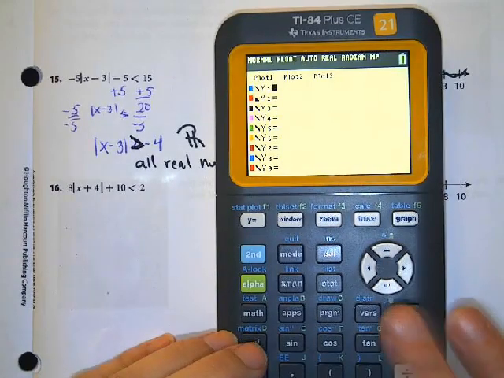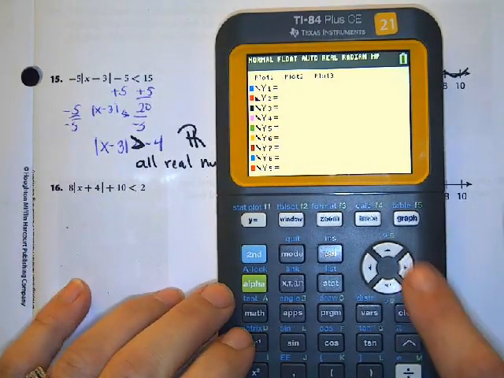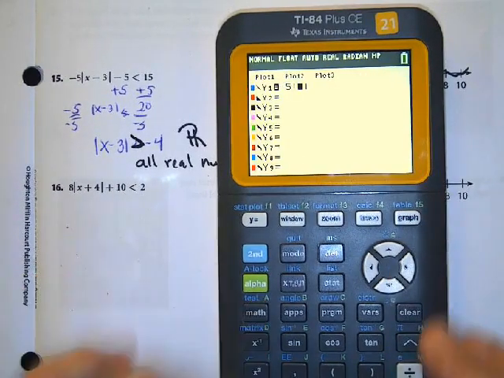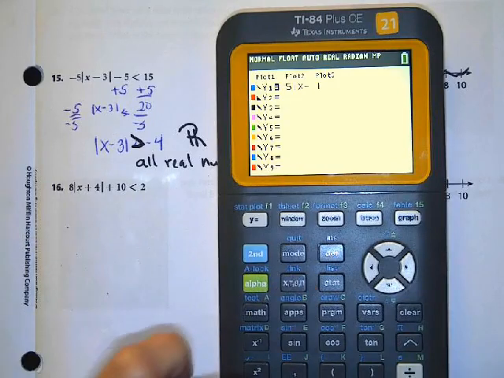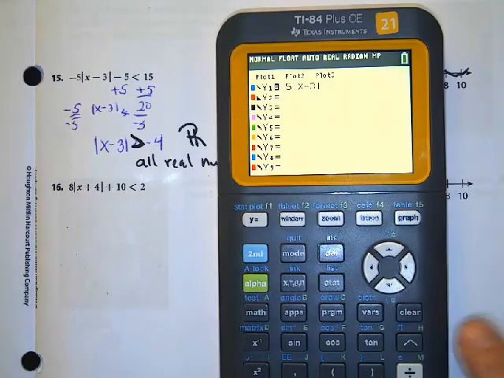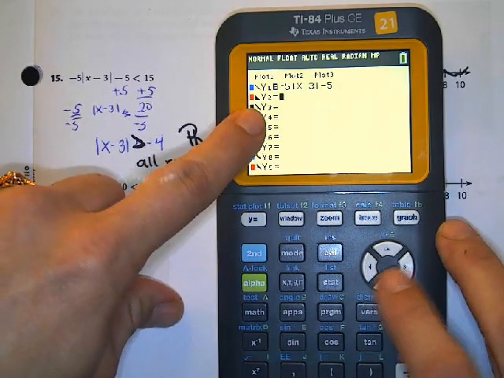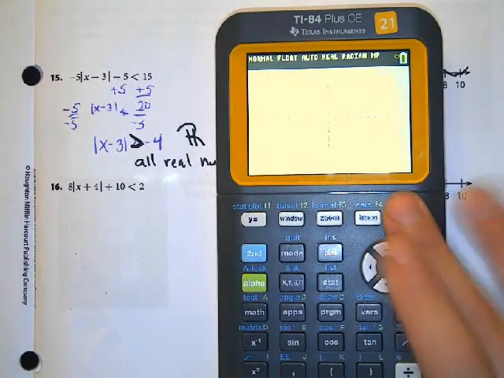So I'm typing in my original equation here. Okay, and I asked you guys to do this last week just to check. And I know that even if you didn't know how to do the shading on there, you would still be able to see the V face down, and then you would see negative, or you'd see 15 way up there. Okay? So now what I'm going to do is I'm going to change this to a less than sign, which it looks like it is. And I'm going to put in my number 15, and I'm going to graph.